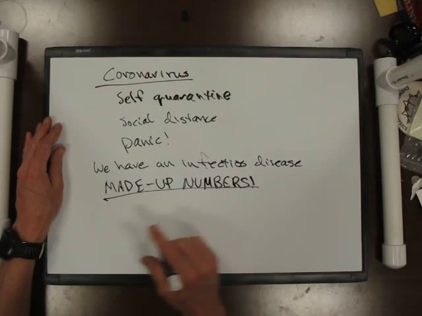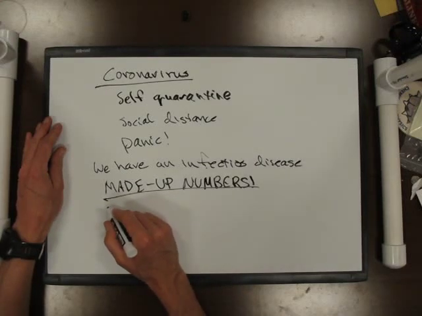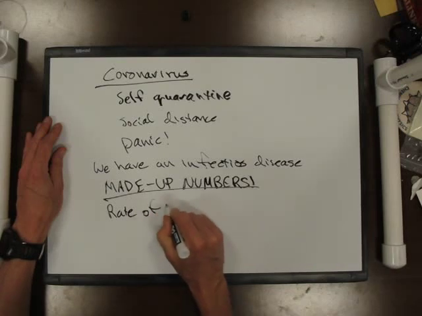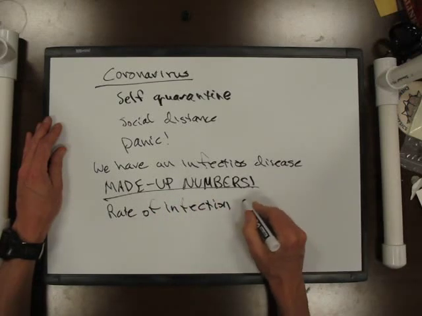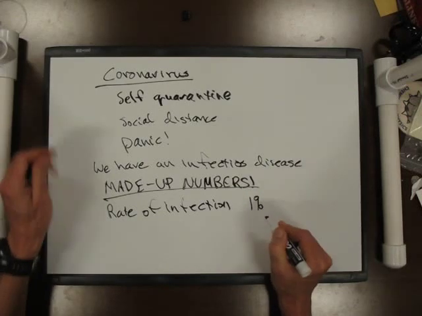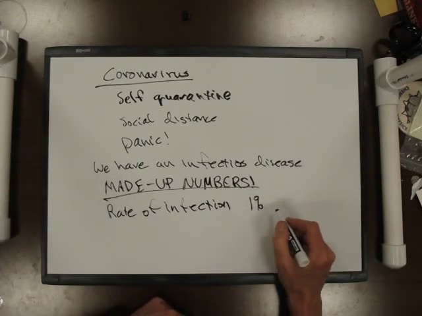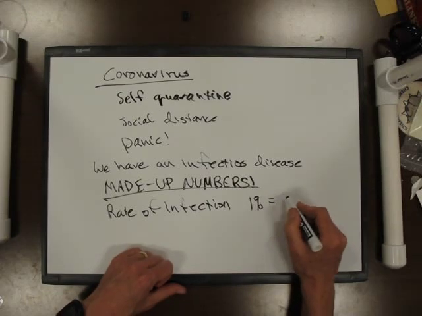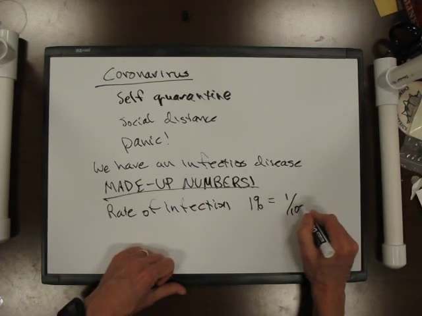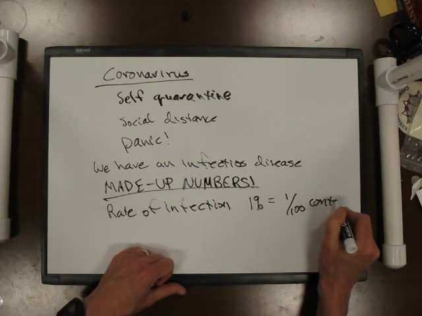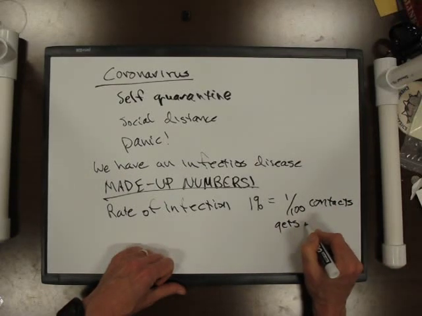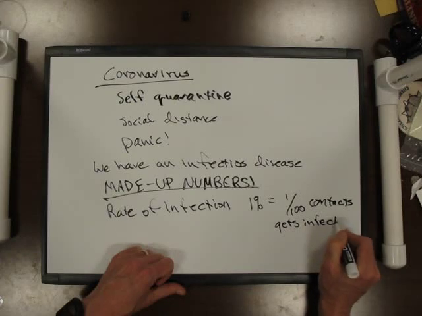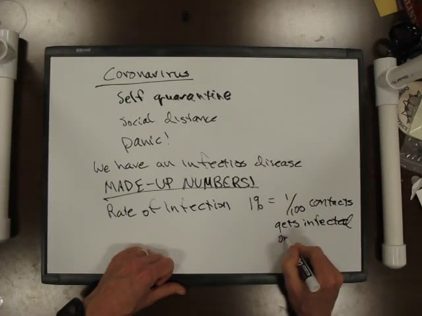So we're going to say, look, a disease has a rate of infection, and I'm going to say that's 1%, just to pick a round number. And what that means is 1 in 100 contacts gets infected on average.